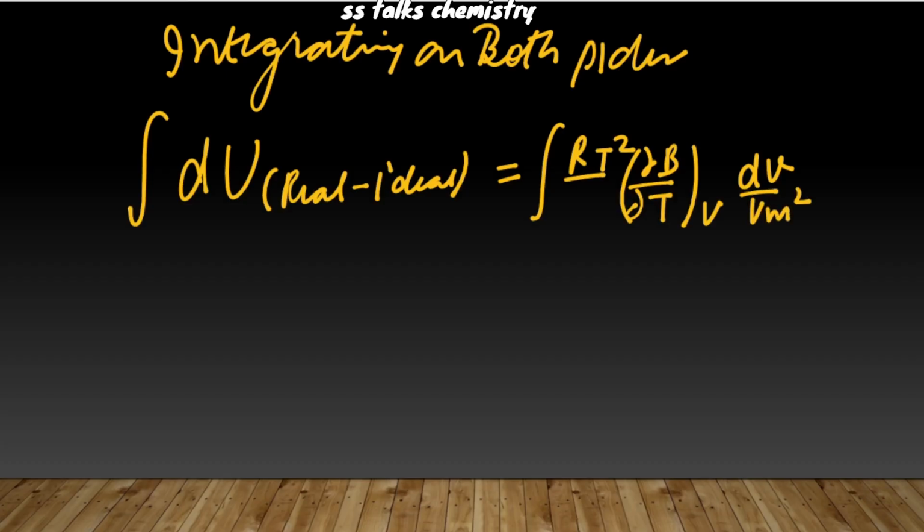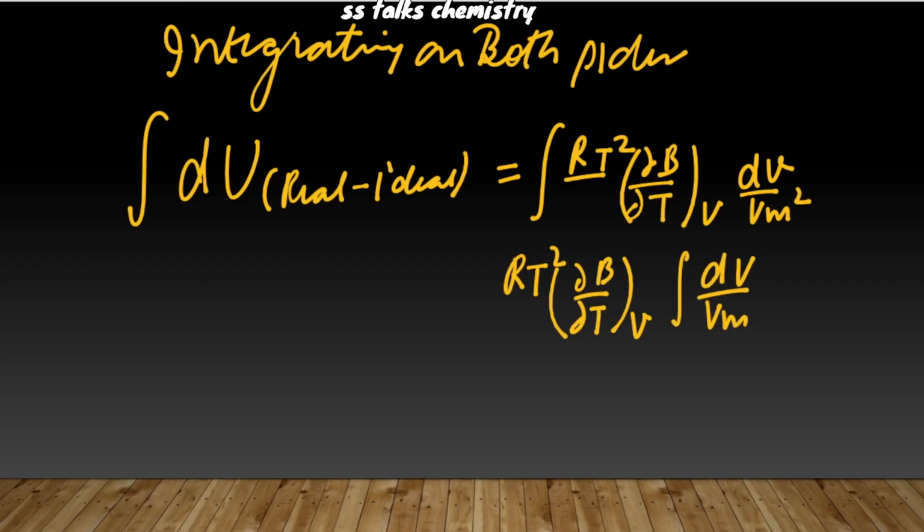So this value, RT square into del B by del T at constant volume, comes outside. So dV upon the Vm square, this integration we have to do.